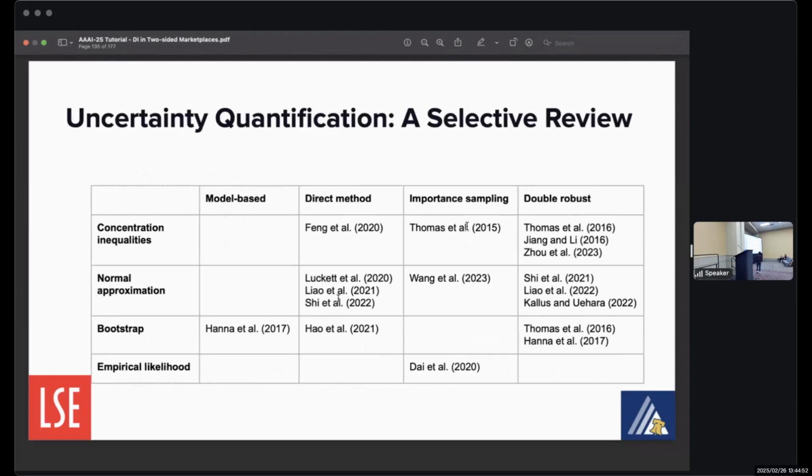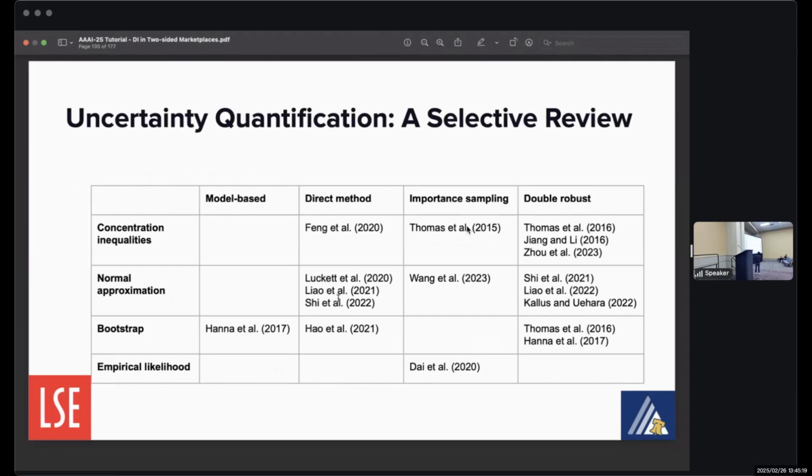Okay, so far we have talked about how to provide point estimators to estimate the ATE, and this slide summarizes some existing procedures for uncertainty quantification. So not only to provide the point estimator, but to estimate its standard deviation or to construct the confidence interval.